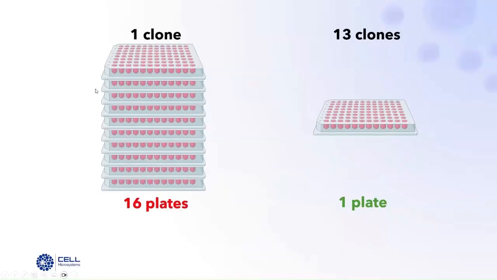And not only is that a really low number, you still have no guarantee that every cell that you put into these 96-well plates is going to survive, not to mention the labor and time investment that is involved in assessing every single one of those single cells for downstream function, rather than assessing only the 13 hits that we found on the Air system.